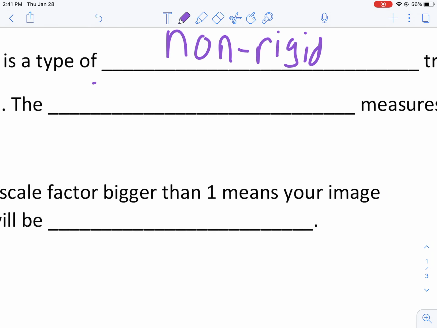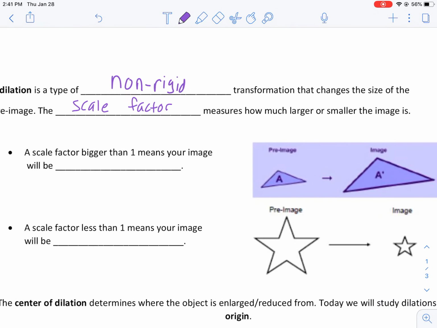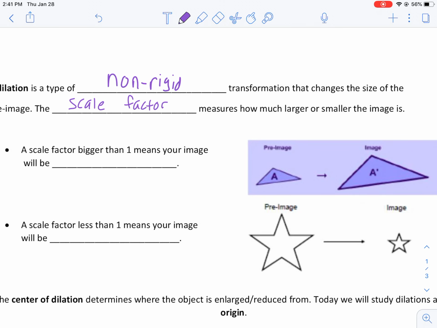And the way that we measure how much it's changing in size is with the scale factor. Okay, so the scale factor measures how much larger or smaller the image is. So you might have heard that word before, scale factor, but that's something that we're going to be talking about here.